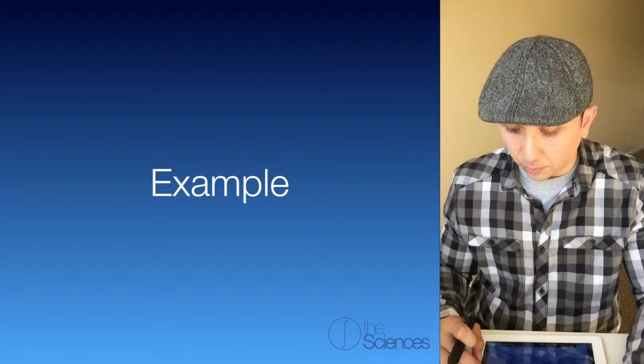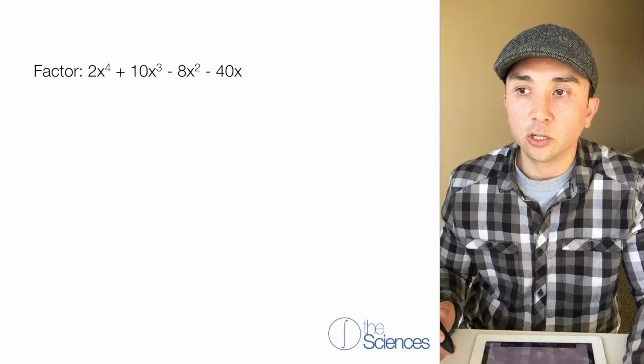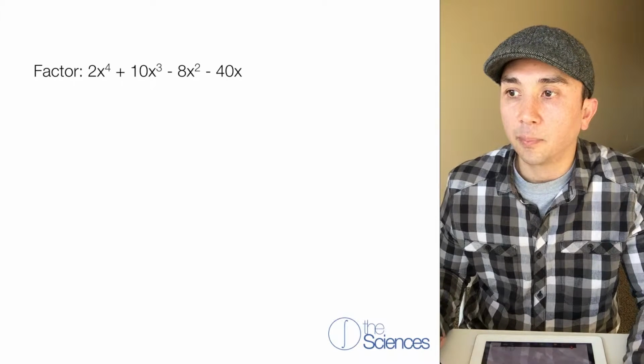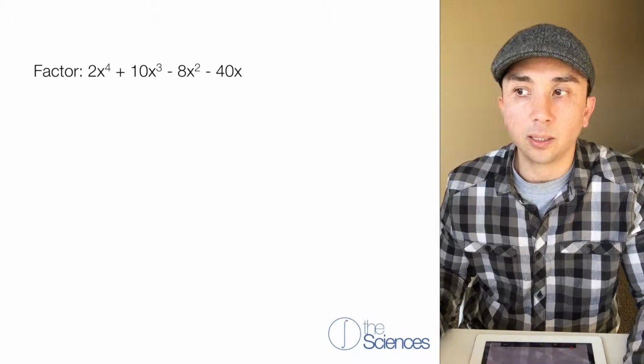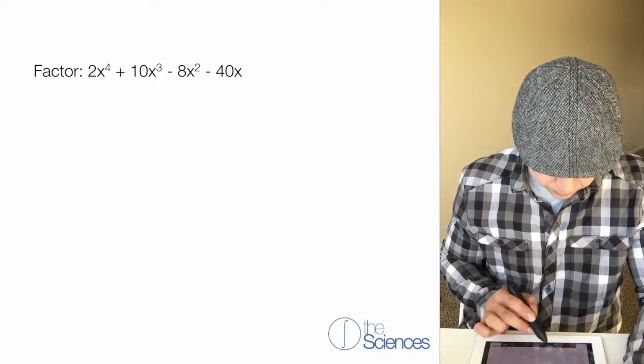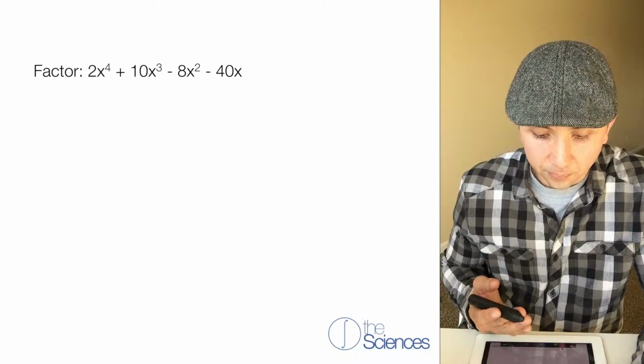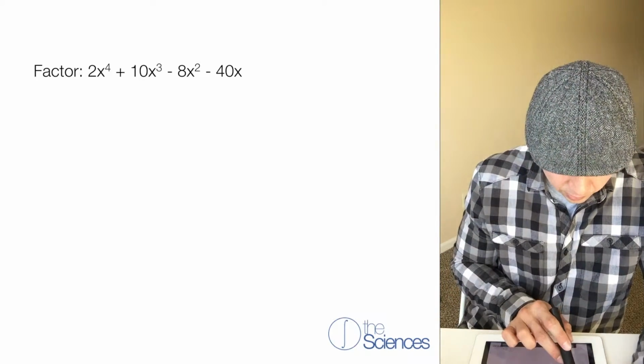So let's do an example. Let's factor 2x to the 4th plus 10x cubed minus 8x squared minus 40x. So let's find a common factor.